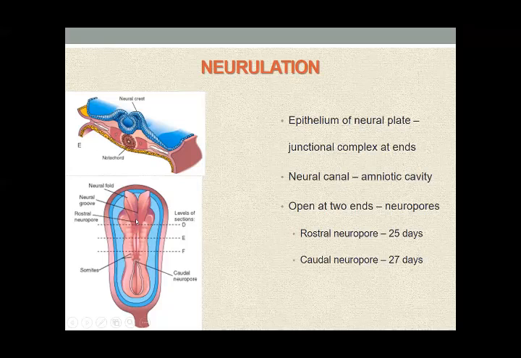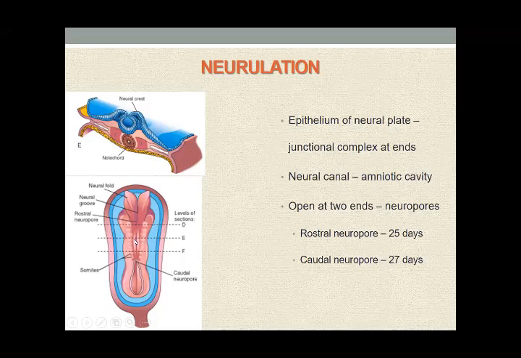On the inside, I told you it is lined by pseudo-stratified epithelium. At the apical margins, this epithelium has junctional complexes. Leave that aside; its importance we will see later. Now this neural tube is open at the cranial end and at the caudal end, but otherwise it is fused, it is closed.